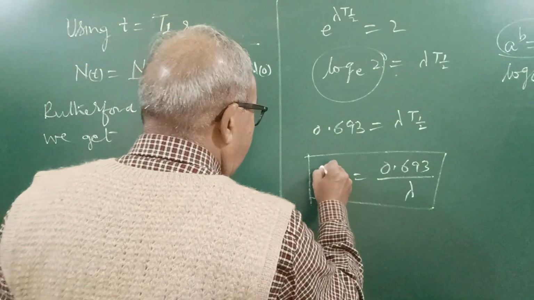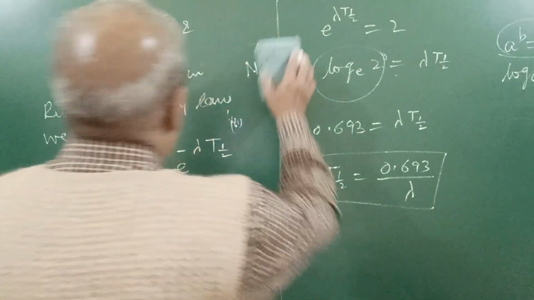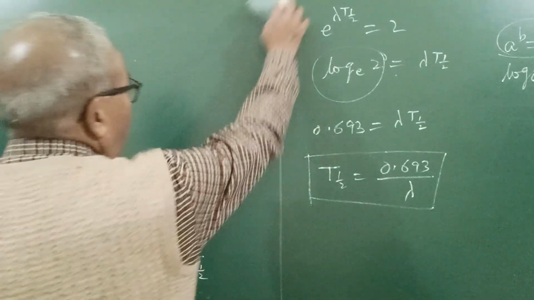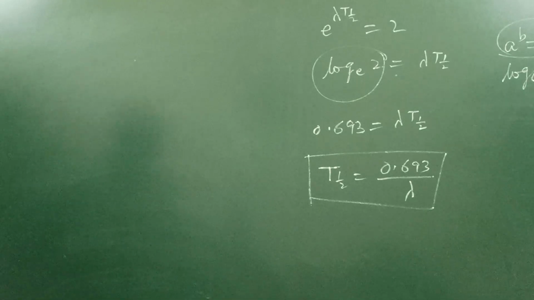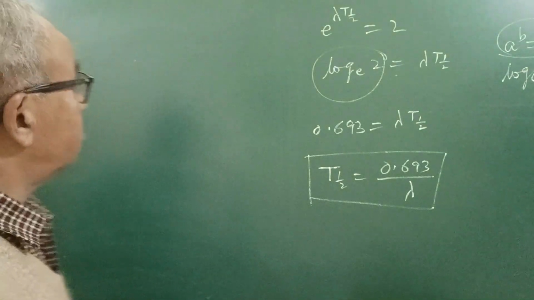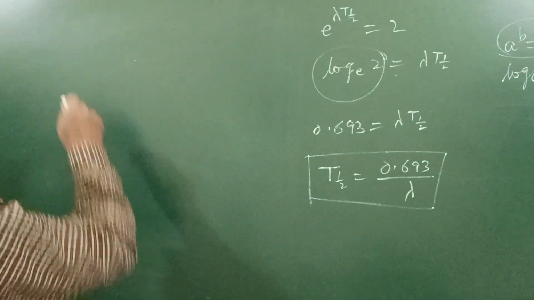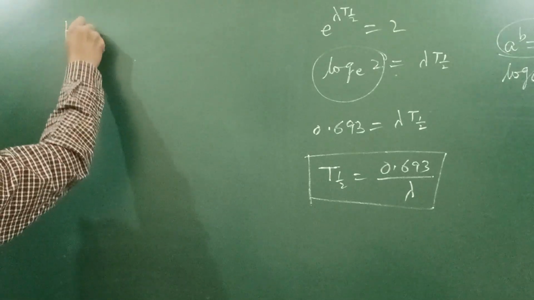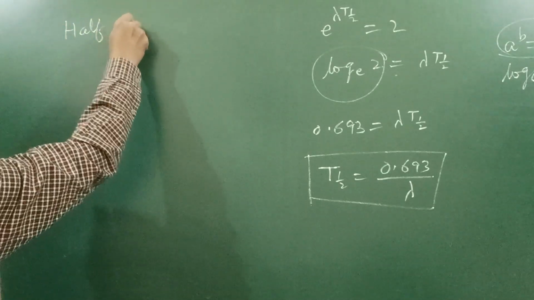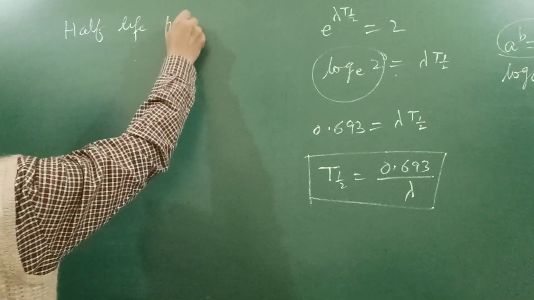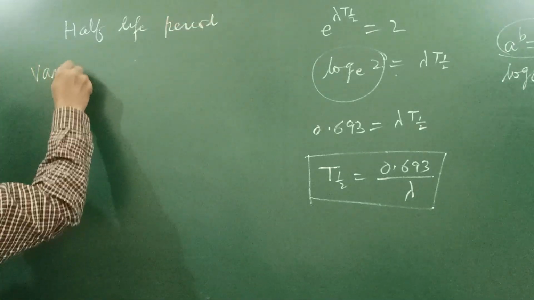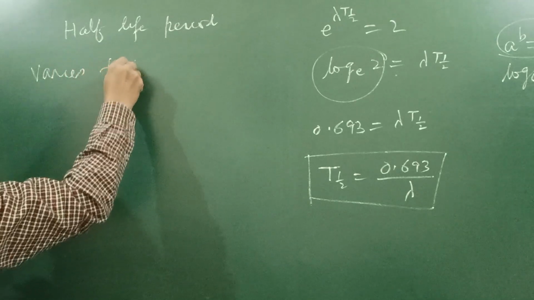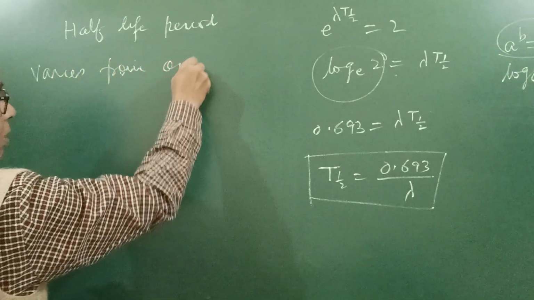So this t half, the half-life period, varies from milliseconds to certain million years. Half-life period varies from one element to another.